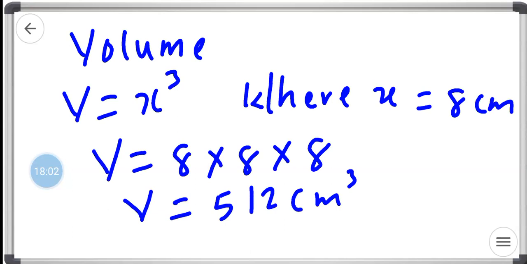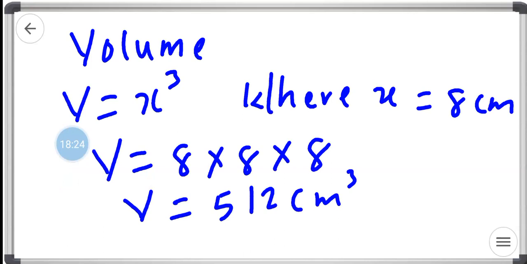And the last one we did is volume. We said volume V equals x cubed, and from this question, x equals 8 centimeters. So V equals 8 multiplied by 8 multiplied by 8, and V equals 512 centimeter cube, because this is volume.